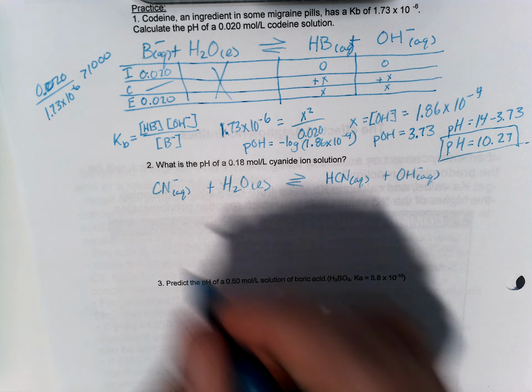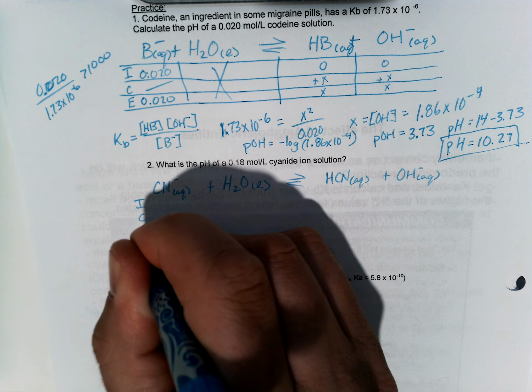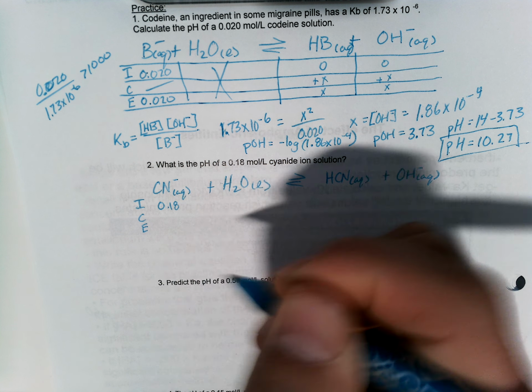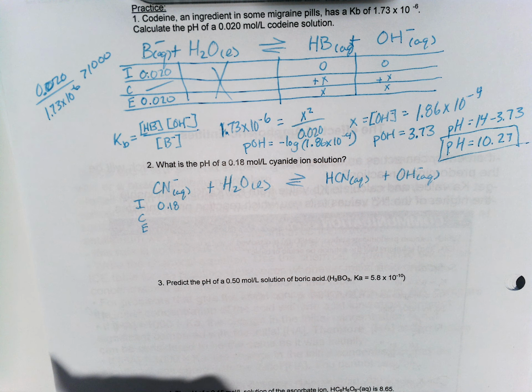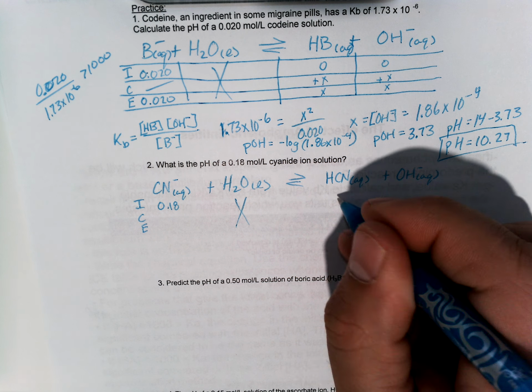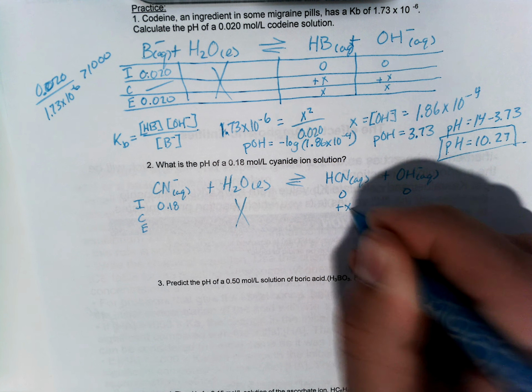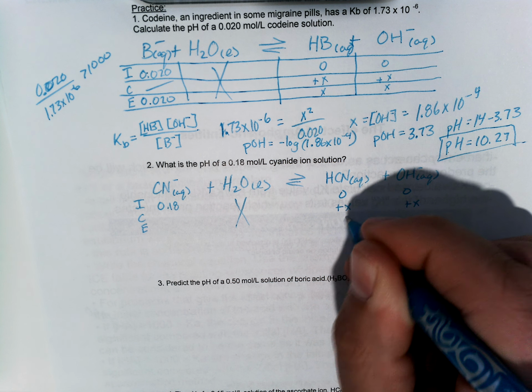Okay, put in our ice table. This is 0.18. This doesn't matter, this will start at 0. It's going to be plus x, and they're both going to be x.